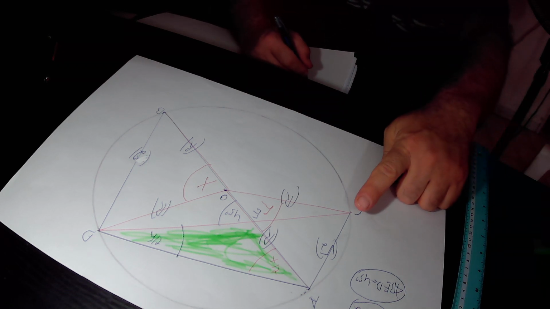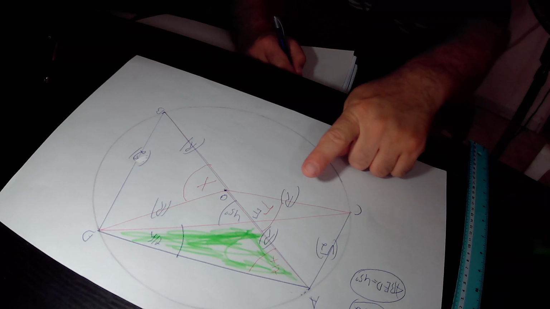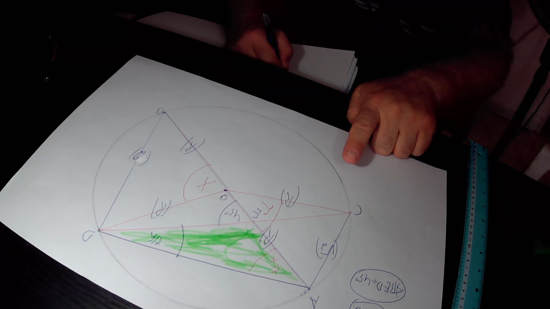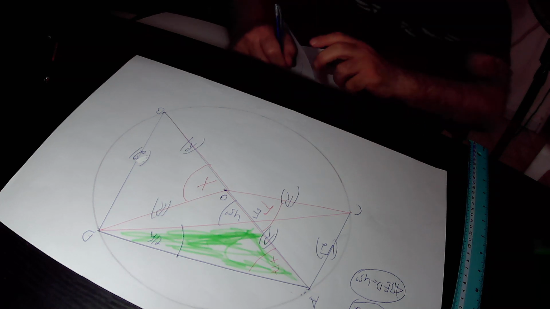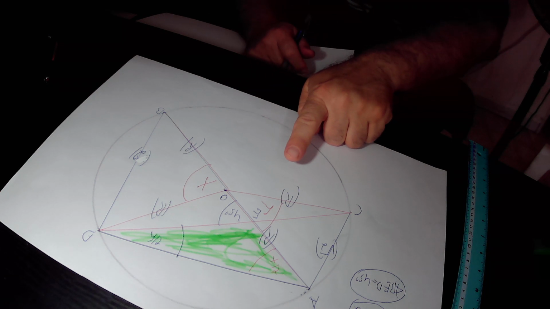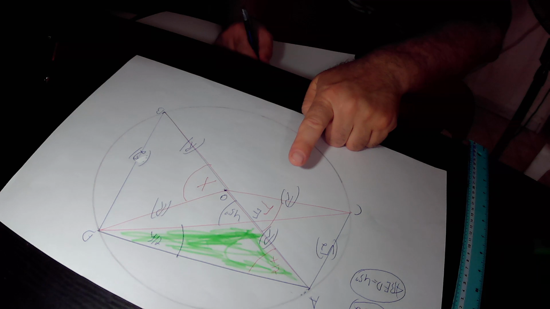Side AC equals the square root of 2 units in its length. Side AO equals R, and side OC also equals R. Angle AOC, the size of angle AOC, is y degrees.